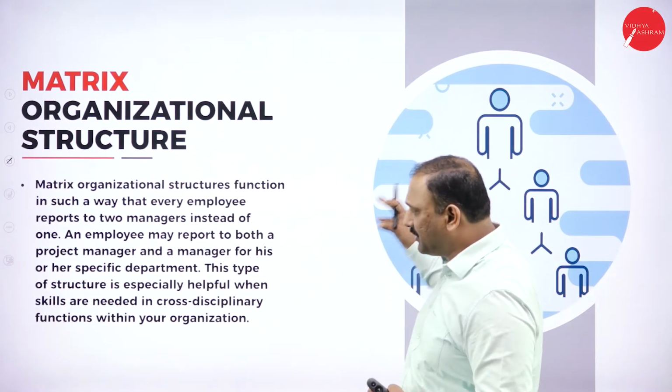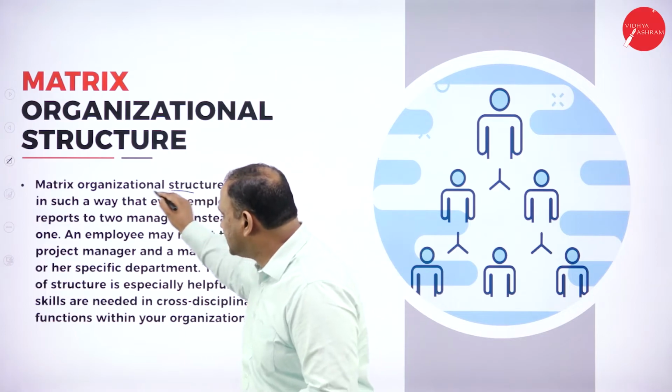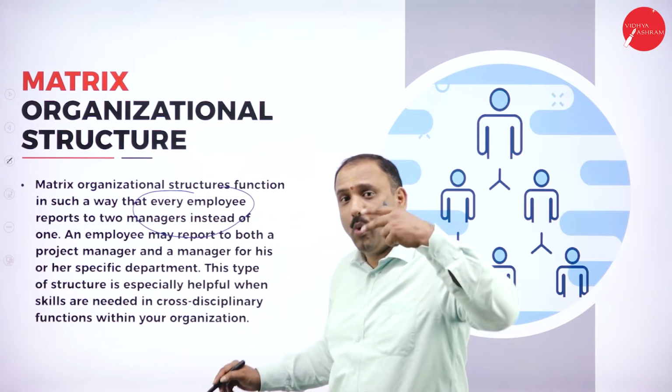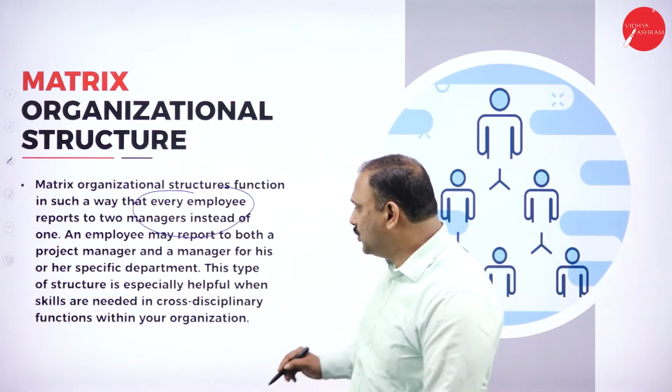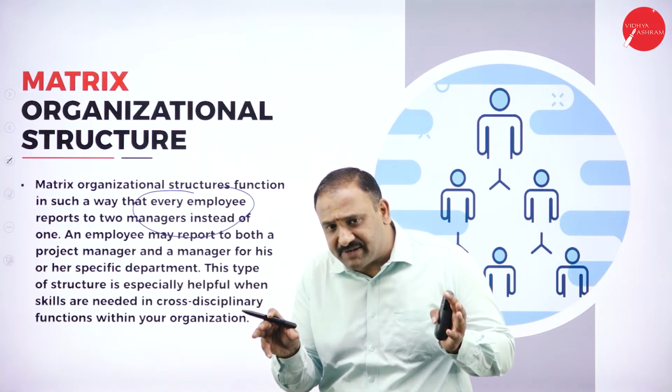Followed by the matrix. The matrix organization structure, as you look here, functions in such a way that every employee reports to two managers. One manager might be based out of India, one manager might be based out of the US. So this is with respect to the specific department.